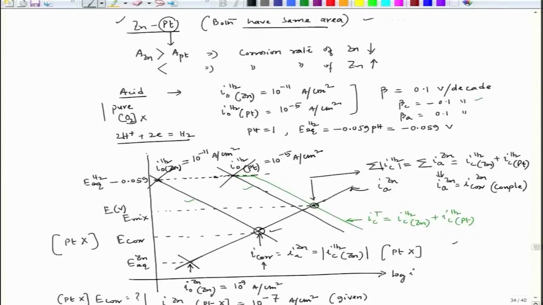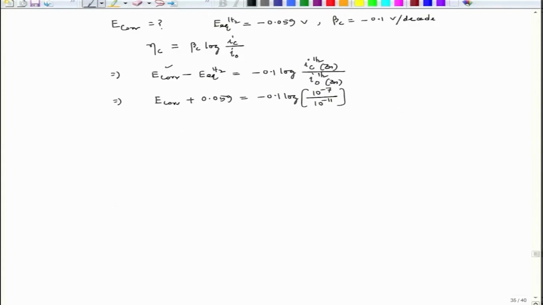So, if the overvoltage is this much, so this overvoltage is calculated here, and this becomes 0.4. So, E corr equals minus 0.459 volt.